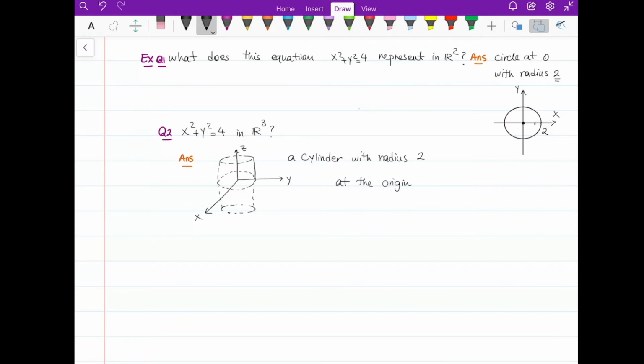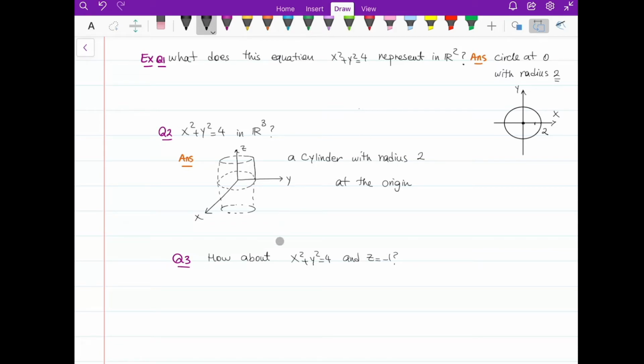How about the third question? Question 3. How about this equation, x squared plus y squared equals 4 and z equals -1. Now z is not free.